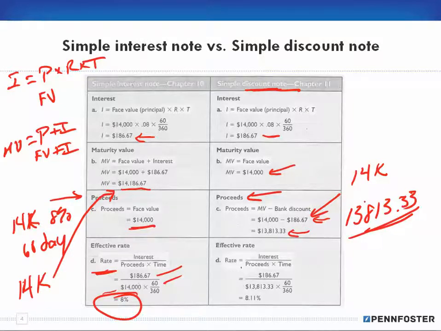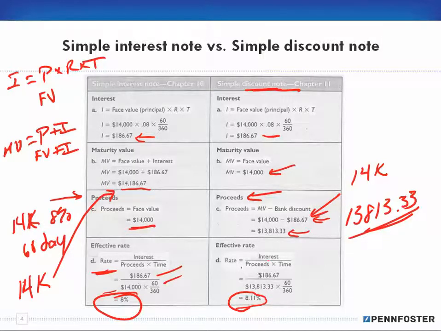But over here, when the bank discounts it, they get a higher return. They end up with an 8.11% effective rate. By taking that money immediately, taking the interest right out of the proceeds, they get a greater rate of return on their money when you have to pay it back. And you're paying back the full 14,000.